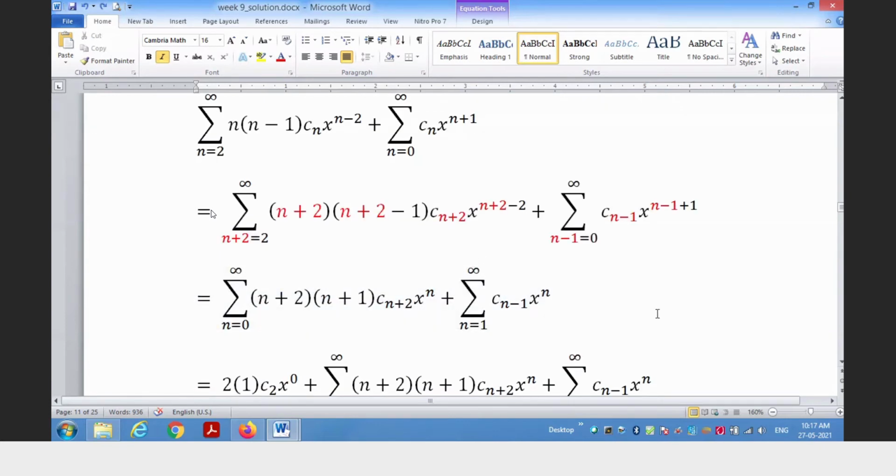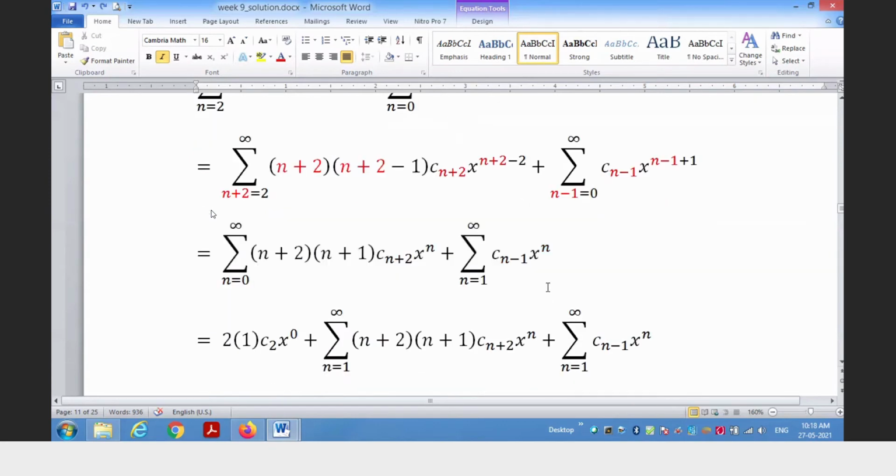Next, we simplify. For the first summation, n plus 2 minus 2 gives n equal to 0 here, while n plus 2 minus 1 becomes n plus 1, then c_(n+2), and x^(n+2-2) will be x to the power of n.